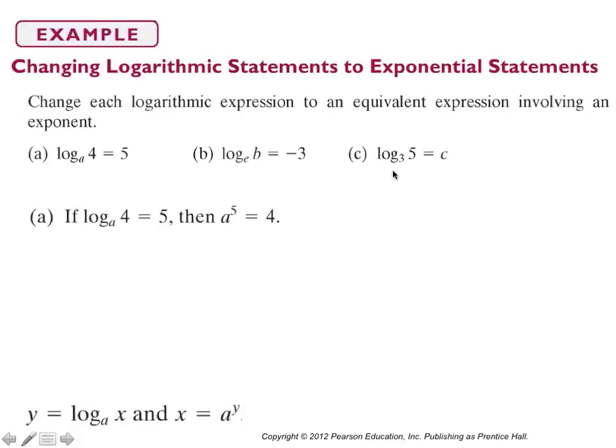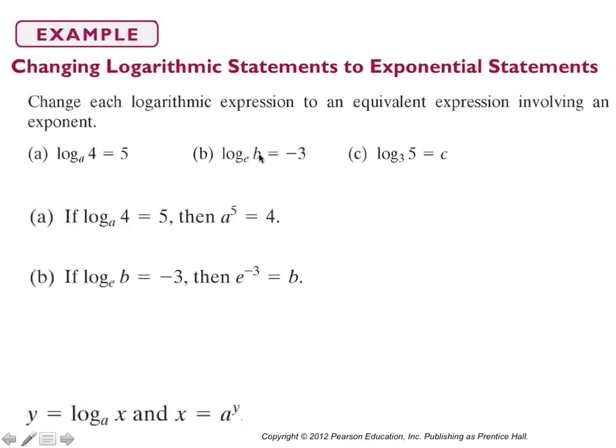Let's do one more together and then I'll have you guys try part C on your own. So for this one, you're going to have e, that's your base, to this power right here. So you're going to have e to the negative 3rd power equals b. So it's your base raised to your exponent equals this number right here.